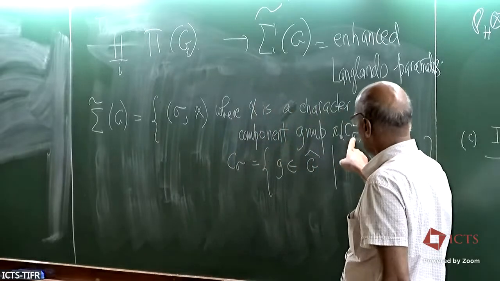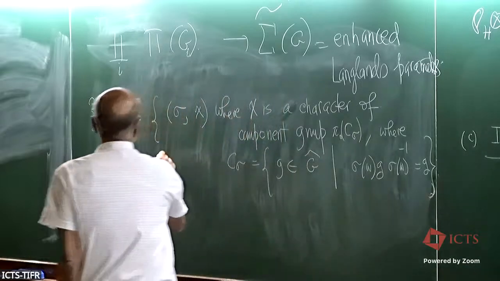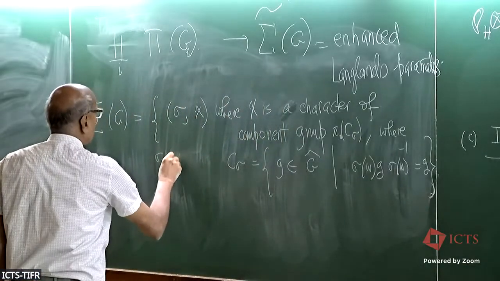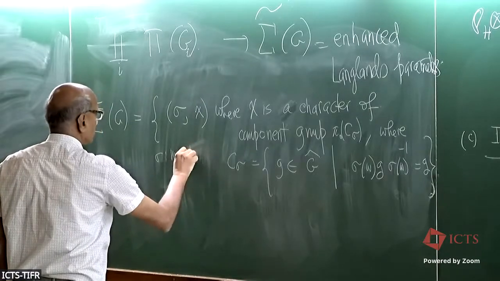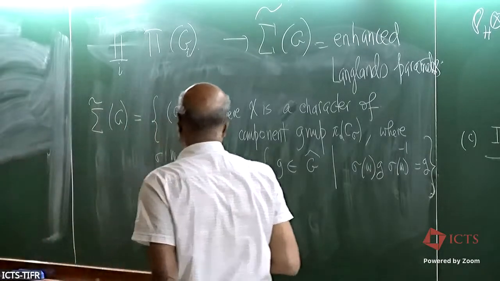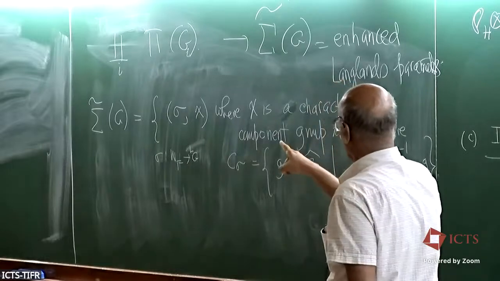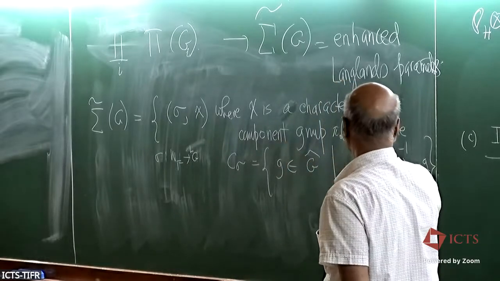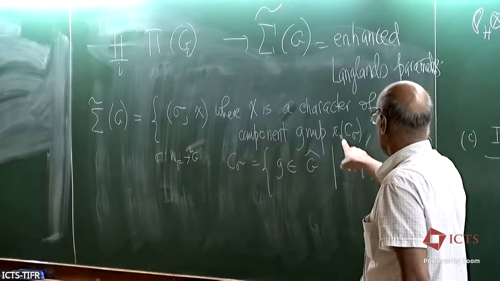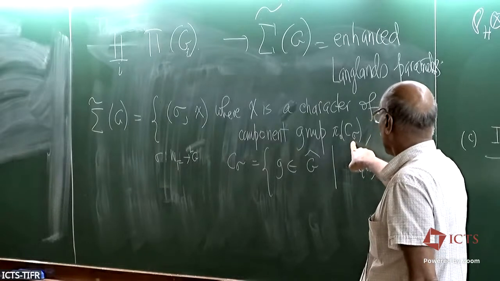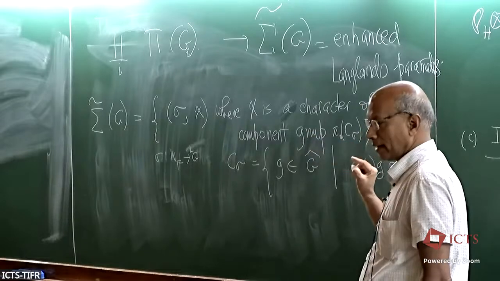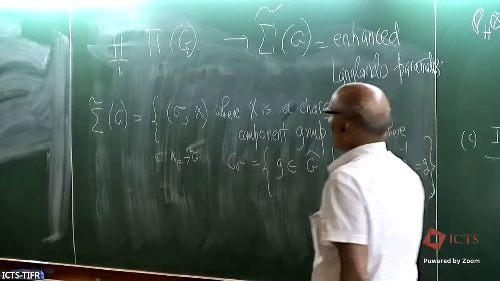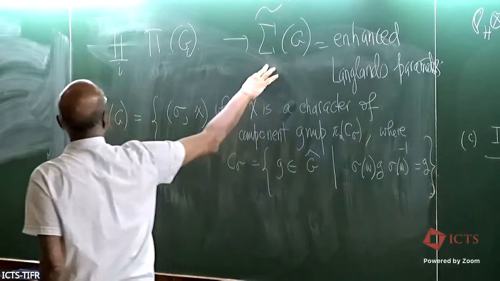So sigma is a parameter from W_F to the L-group. So to a parameter, there is the centralizer, and we look at the group of connected components and a character thereof. And this is this set.